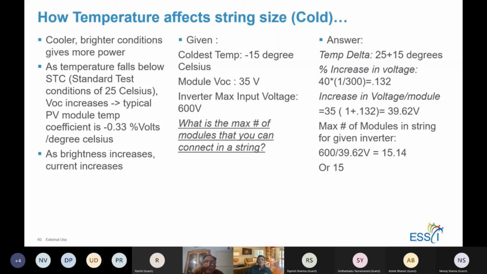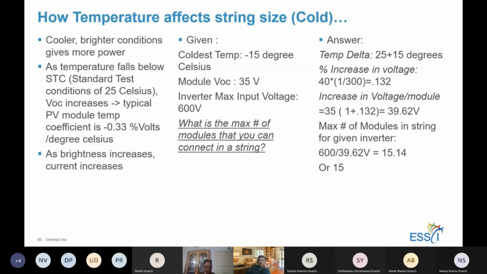So if the temperature is falling and your voltage is increasing, you have a negative temperature coefficient. The thumb rule for a crystalline silicon module is that for every 3 degree rise in temperature, there is a 1% fall in the voltage generated.